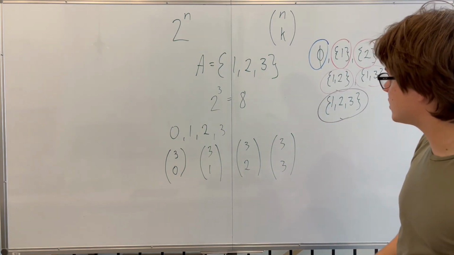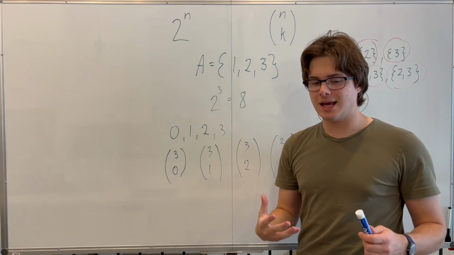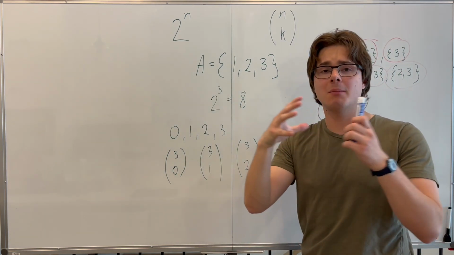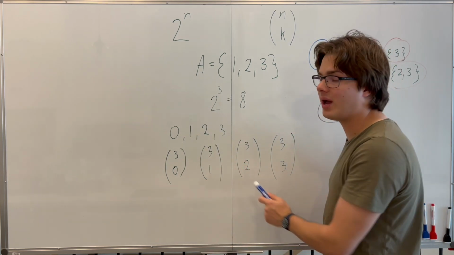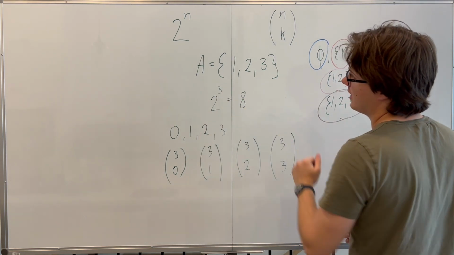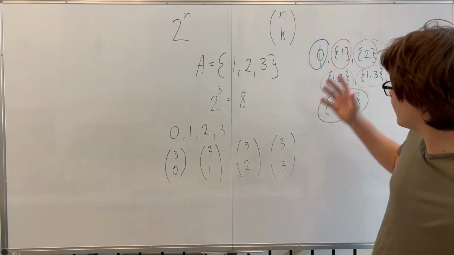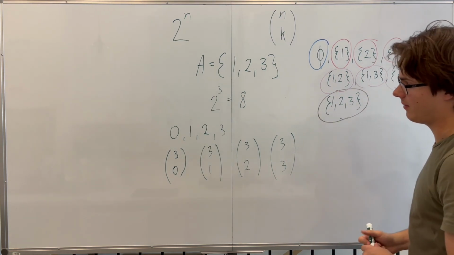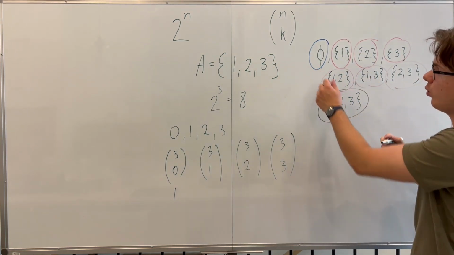So what do we notice here? If we count how many options, remember, the choice at the end of the day is how many possible ways you can choose 0, how many possible ways you can choose 1. How many possible ways can we choose none of the elements? The answer is 1. There's only one way: I want to choose none of them. That's this option over here, circled in blue.